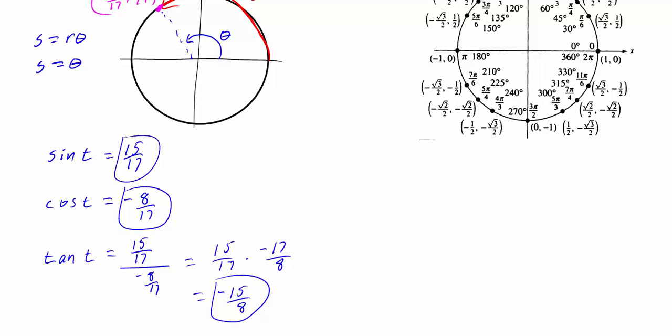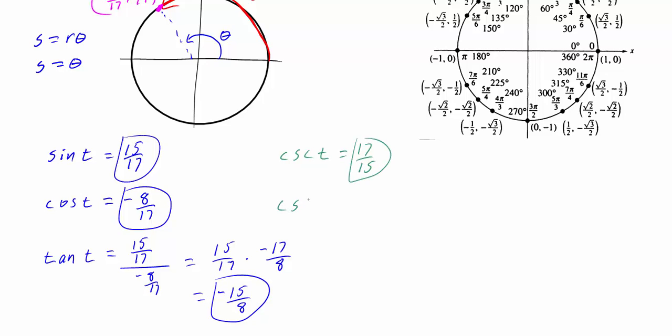I always find the sine function, the cosine, and then the tangent. And then when you go to find the other 3, which one is matched up with the sine? Well, that would be the cosecant. The sine and cosecant are reciprocals, so all we have to do is take the reciprocal of 15/17, so we get 17/15.